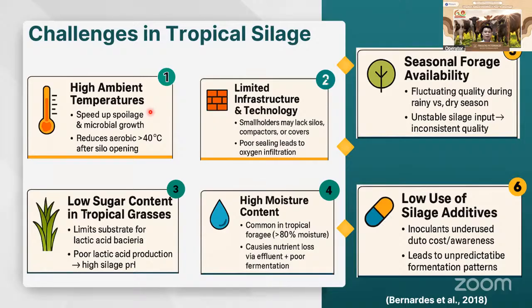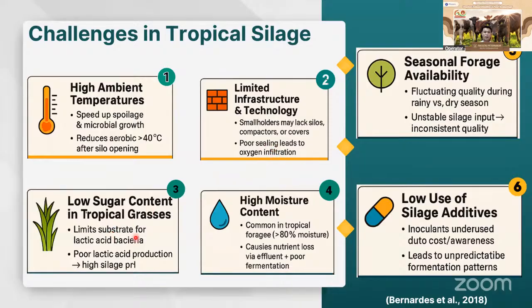If the temperature is higher than 40 degrees Celsius after silo opening, it may reduce the quality or spoilage may occur. Another one is infrastructure or technology: we do not have big machines or sealing packaging machines. This can let oxygen into the silage and generate spoilage in the products.